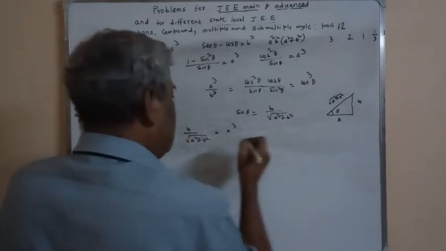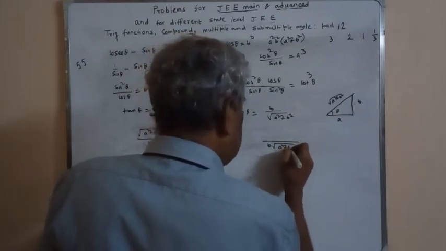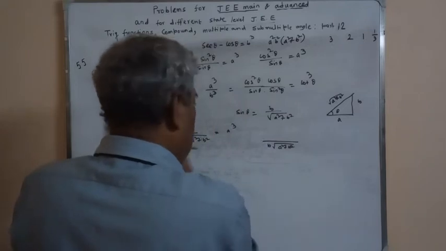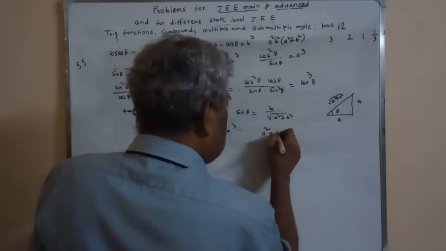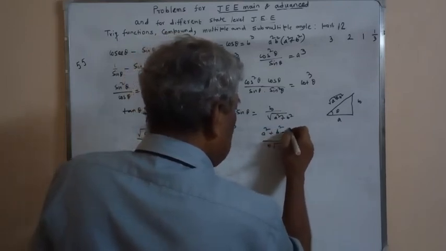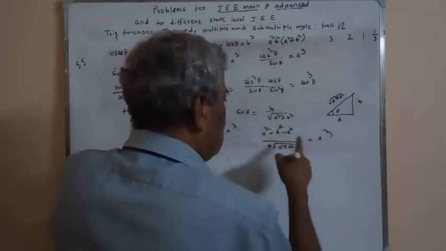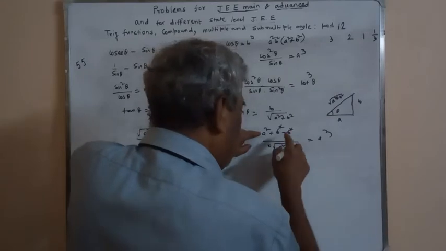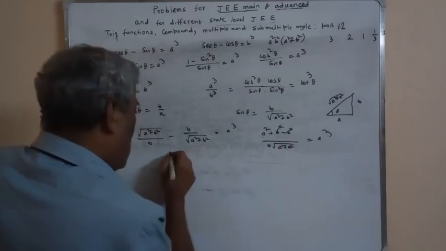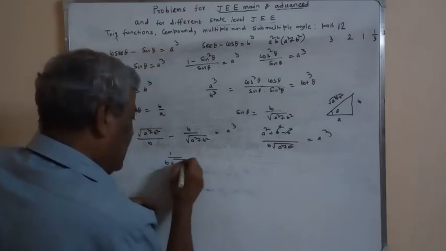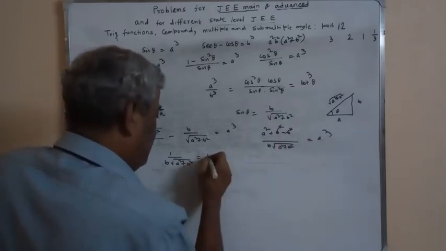By simplifying, a square plus b square minus b square is equal to a cube times b into root over a square plus b square. Cancelling a square, I get 1 by b into root over a square plus b square is equal to a.